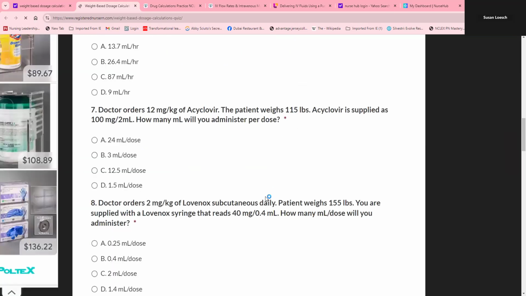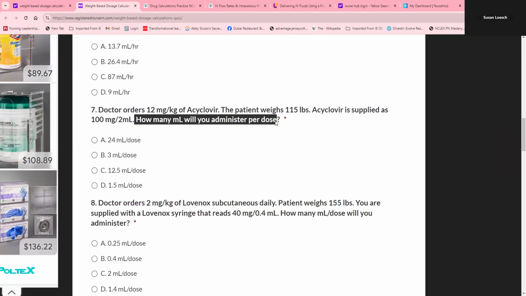Look at number 7. Can you see the screen? Okay. This question is asking how many mLs will you administer per dose. Whenever you see one of these weight-based questions, this is really a desired over have question, because the only thing you're ever going to give is a dose. Here, the only difference is they didn't give you the desired dose.